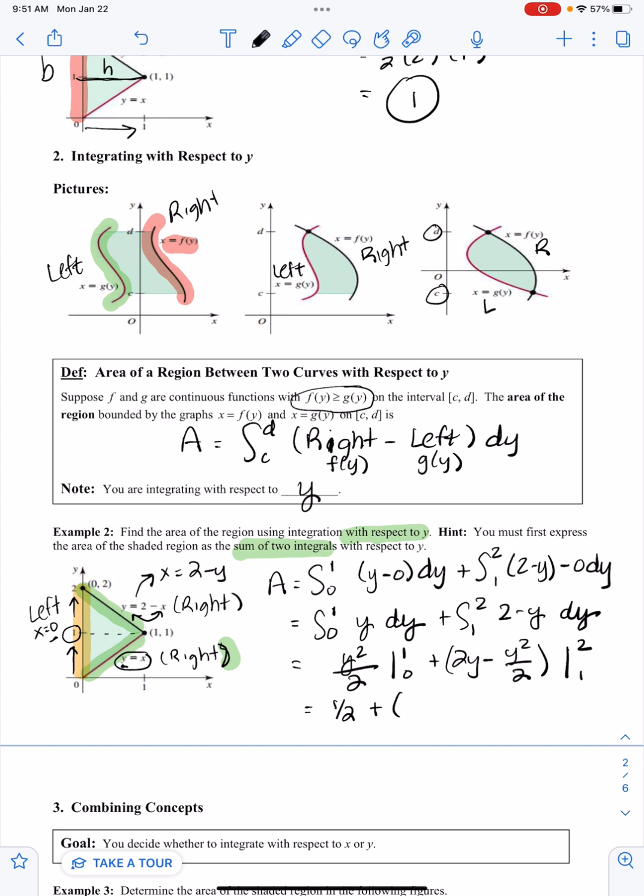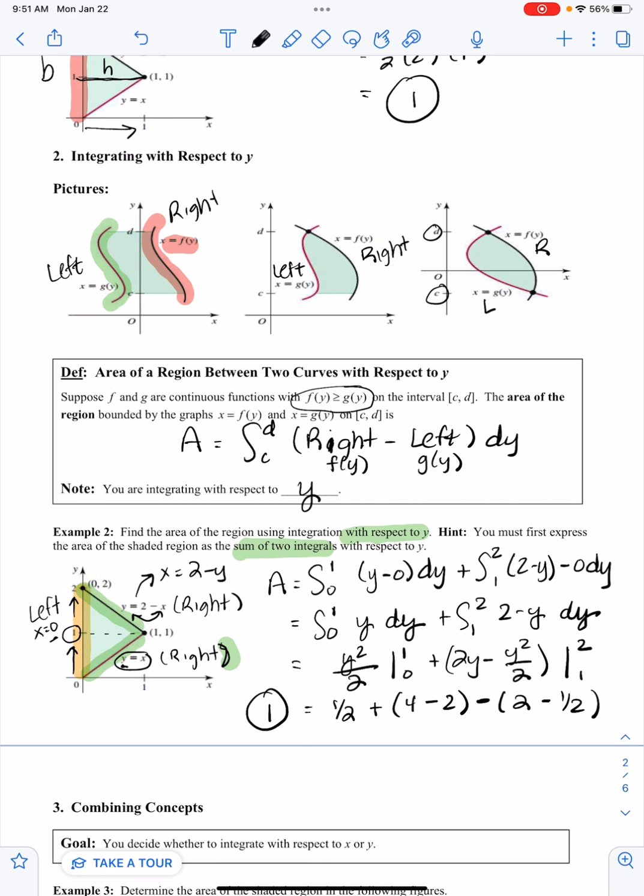This one, when I plug in 2, I'm going to get 4, 4 squared over 2, I'm going to get 2. And now I need to plug in 1, so when I plug in 1, I'm going to get 2 minus 1/2. Okay, so you can take a second and total that all up, and then we should get that same answer of 1 that we got in example 1.